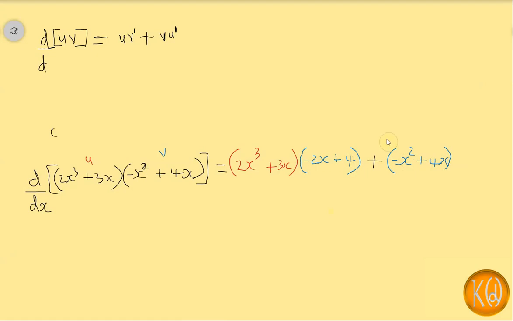And our u prime would just be six x squared plus 3, and that problem is finished. And that's basically how you do the product rule.